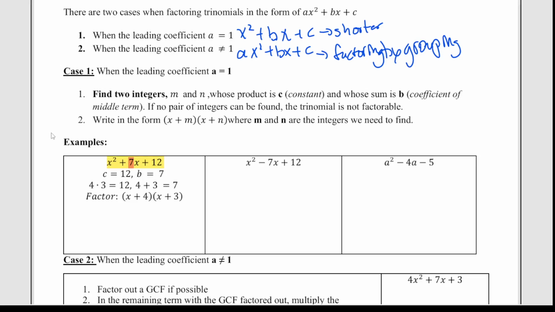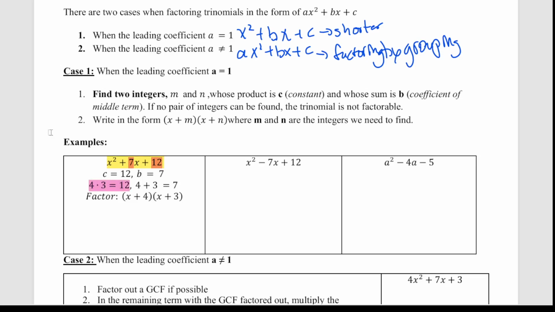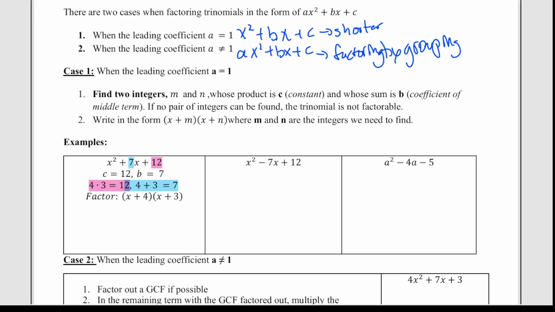Those numbers would be that 4 times 3 gives us 12, and 4 plus 3 gives us 7. I'm just going to highlight these in different colors so you can visualize where each number came from. So that's why we would then factor this into parentheses x plus 4 times parentheses x plus 3.